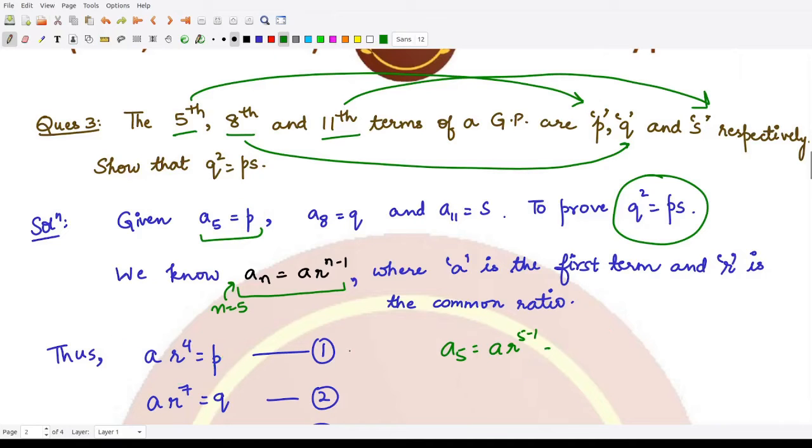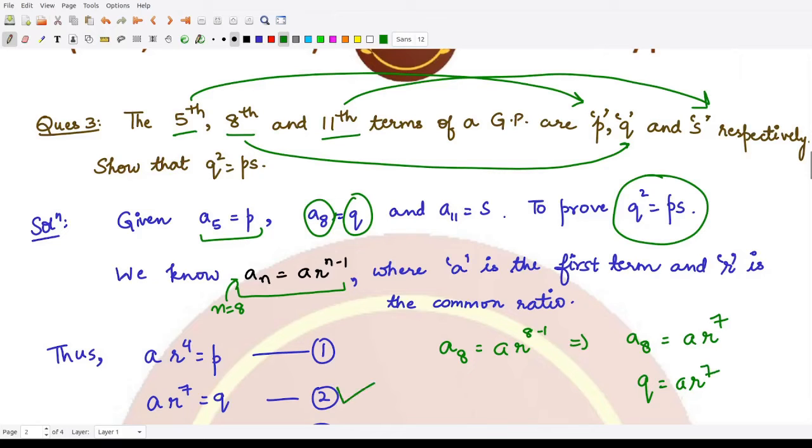Similarly, when you substitute n is equal to 8 into this expression, you would have A8 is equal to A R raised to power 8 minus 1, which is A into R raised to power 7. Now A8 is given to be Q. So Q is equal to A R raised to power 7. This is your equation number 2.